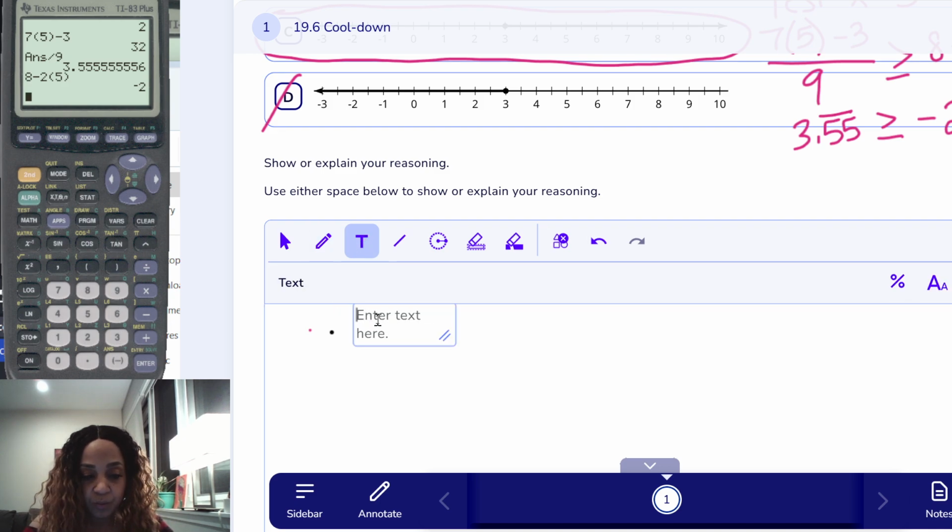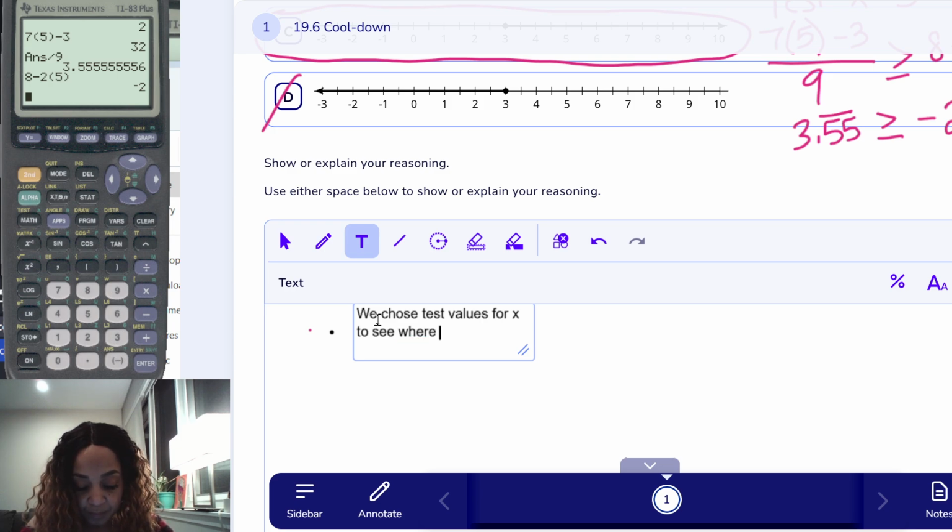Okay, so we chose test values for x to see where the solutions to the inequalities would be true.